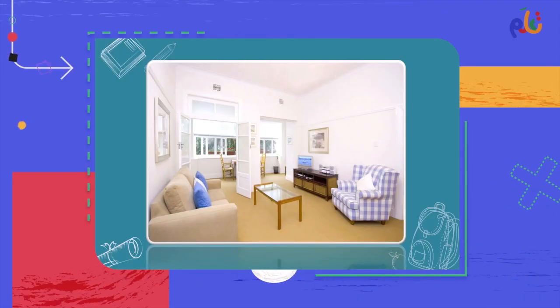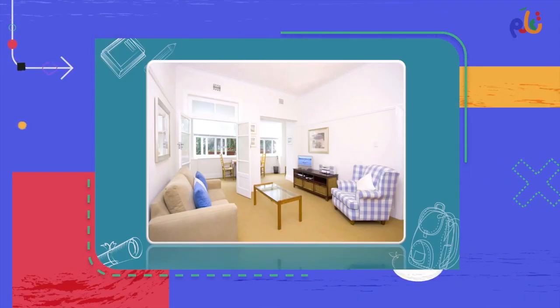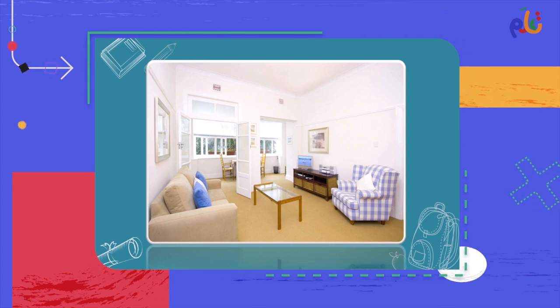Okay, so if you look at this picture, what's the first adjective that will come to your mind? The first adjective that comes to my mind when I look at it is bright. So this room is bright, or this flat is bright. And we can say it's cozy. So cozy, which means it looks comfortable.